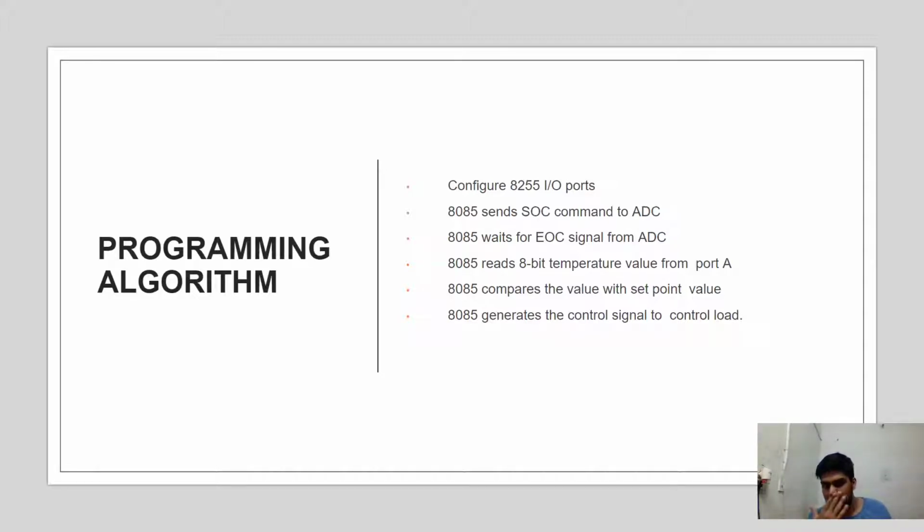For example, if the temperature is already at the desired level, it will simply let the heating element stay its course. If the temperature is higher, it's going to turn off the heating element. If the temperature is lower, it's going to turn on the heating element again, and so on and so forth. So that is the basic programming algorithm that we require to program the 8085 microprocessor to undertake these tasks.